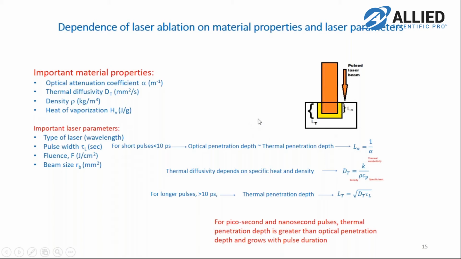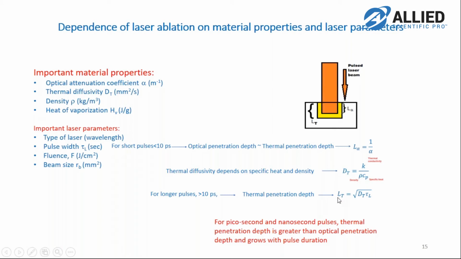Now, for short pulses less than 10 picosecond, basically this optical penetration depth is the same as the thermal penetration depth, so that the heat does not go any further than the light goes. But if your pulse width is larger, then the thermal penetration depth, LT, would be larger than the optical penetration depth.